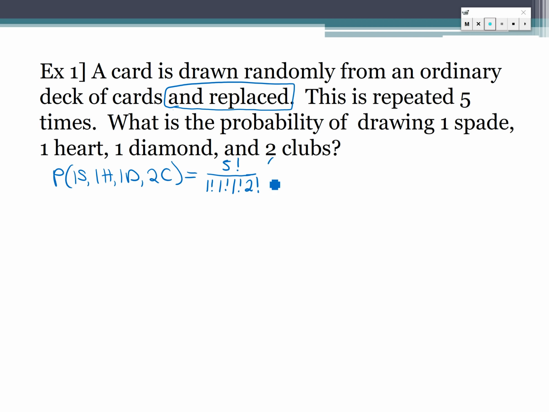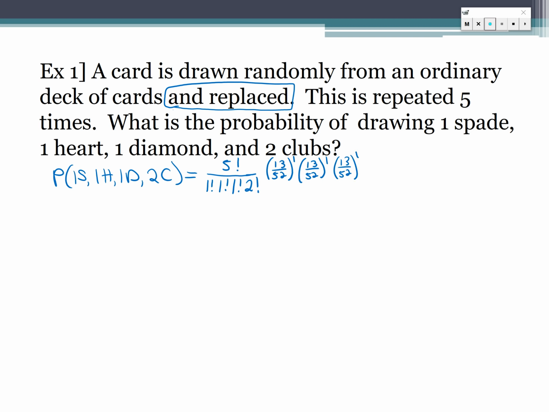And now I have to multiply by those corresponding probabilities. So if I have the probability of drawing a spade, there's 13 spades in the deck out of 52 cards. How many of those do I want? I just want 1. How many hearts do I have in the deck? Still 13 out of 52. I want 1 heart. 13 out of 52 for our diamond.